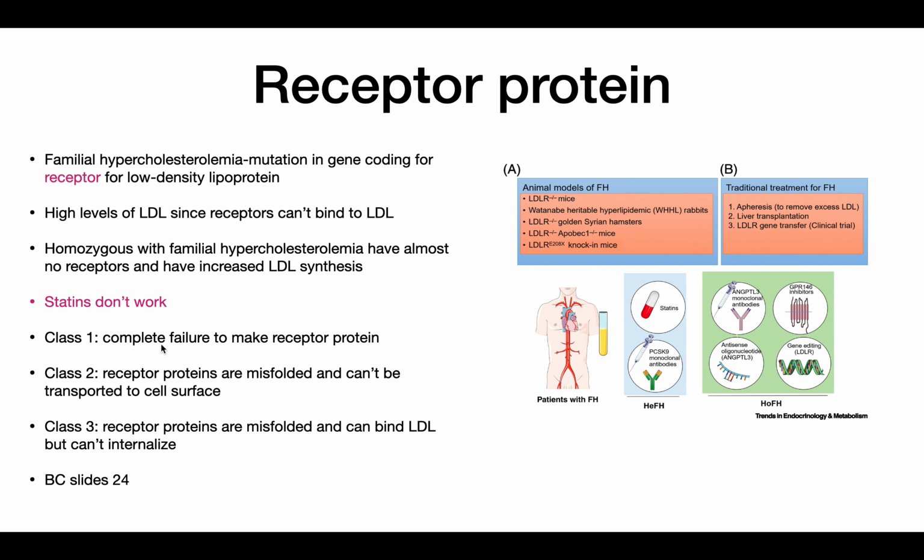In class 1, there's going to be complete failure. In class 2, the receptor proteins are there, but they're misfolded, and they can't be transported to the cell surface, so they're just trapped inside the cell. Class 3 is when the receptor proteins are able to be transported to the cell surface, and they're able to bind the LDL, but they can't be brought back into the cells.